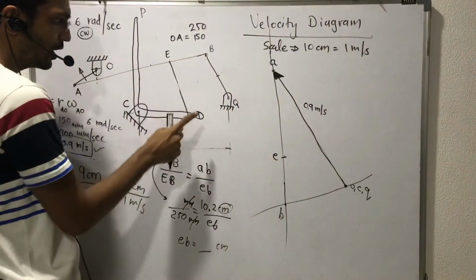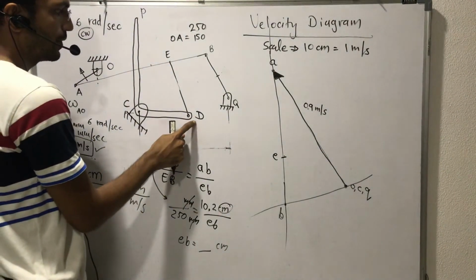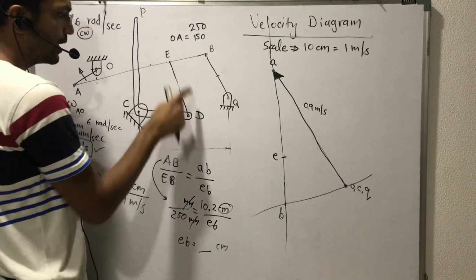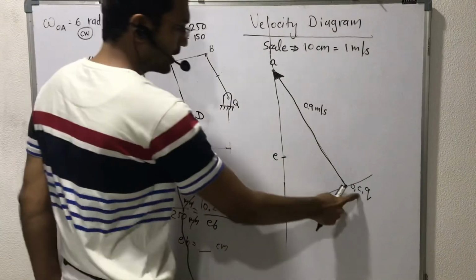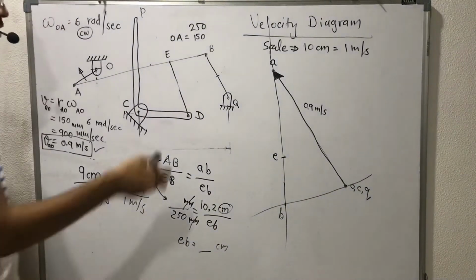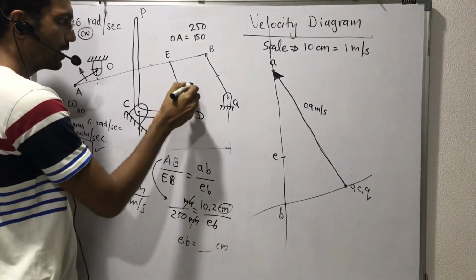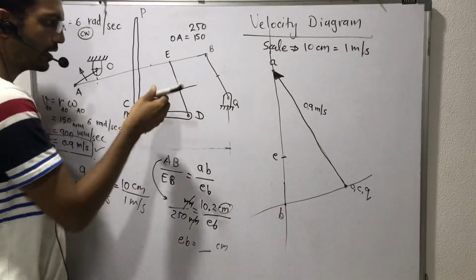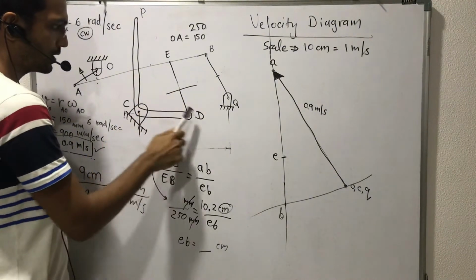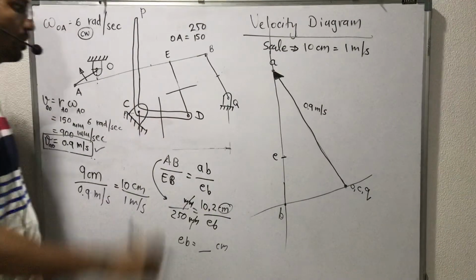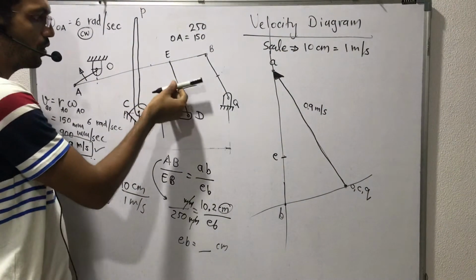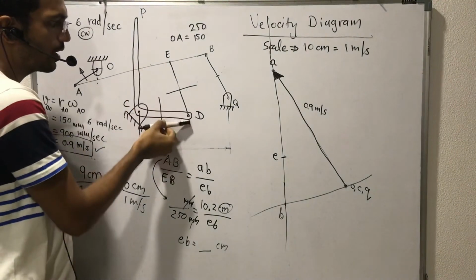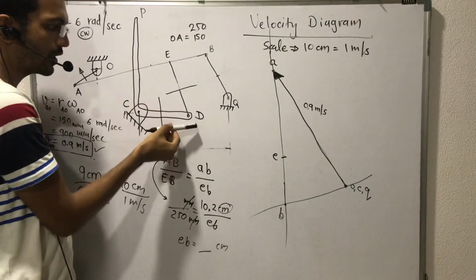Now after E point we will find D point, but D point is on ED and CD link. C we have and E we have. C and E both we have. So line of ED, velocity of ED is perpendicular to ED and velocity of CD is again perpendicular to CD. Intersection will be D point. Now draw line perpendicular to ED passing from E because we don't have D point.